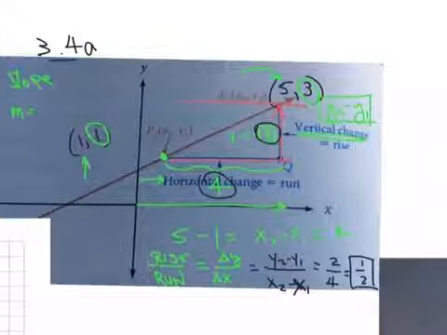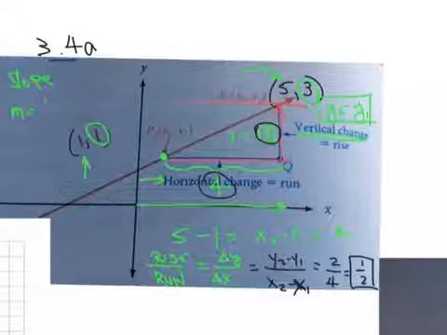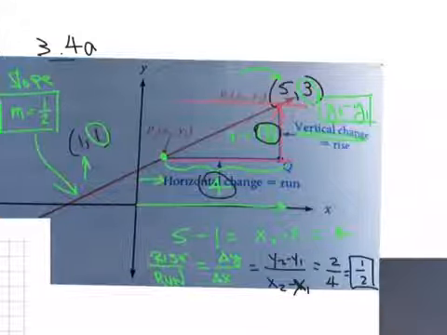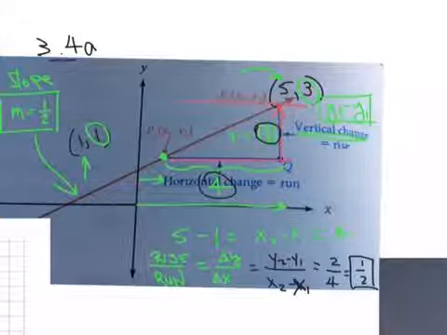I have no idea why, but the slope is represented by the letter m. So the slope of this line is 1/2. It tells me my ratio, that it's not real steep, and that it's positive, so it goes uphill from left to right.